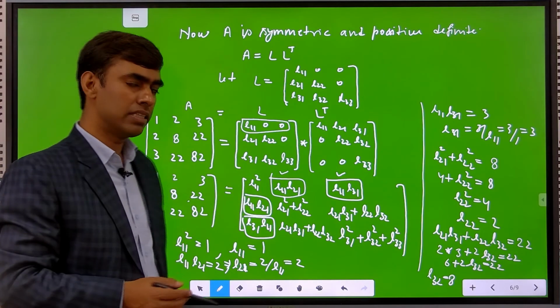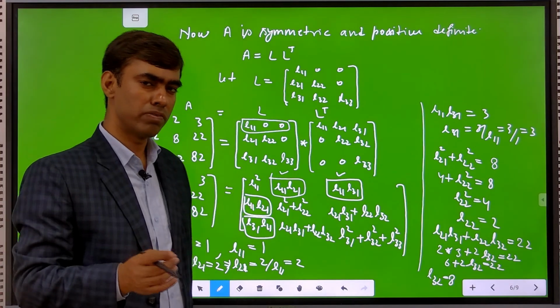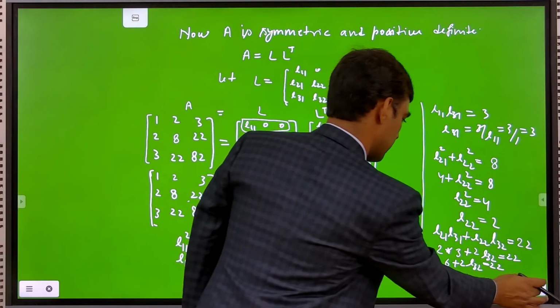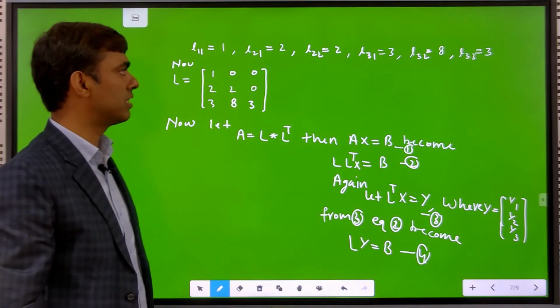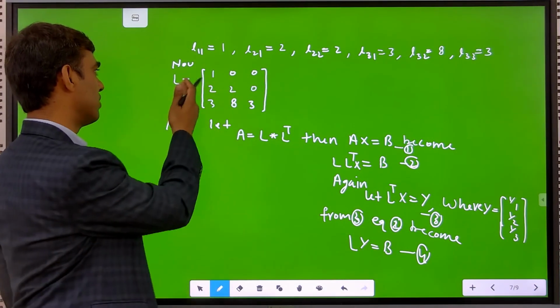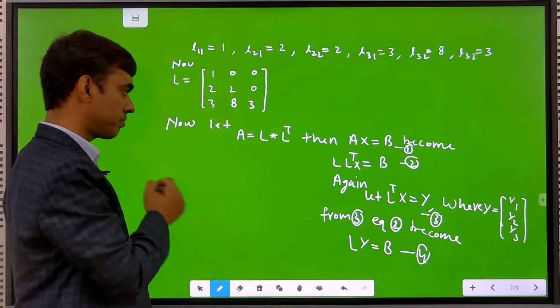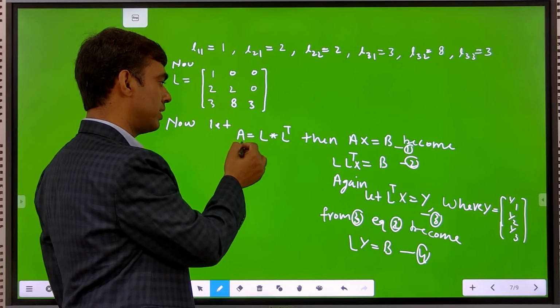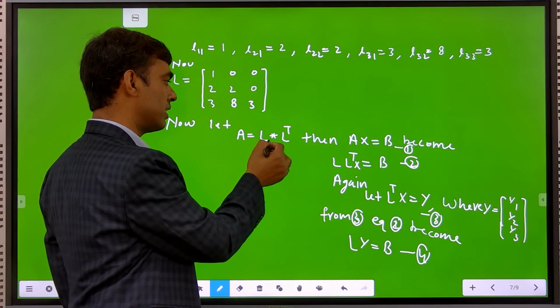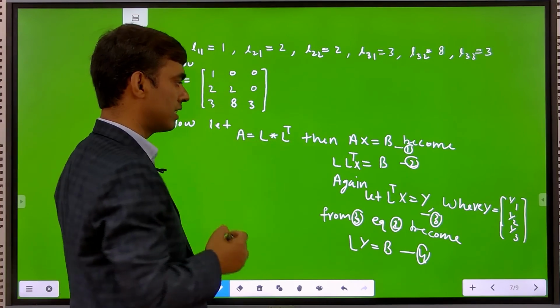Once we find all the unknowns of the lower triangular matrix, that is L11, L21, L22, L31, L32, L33, then as we know that if A is positive definite and symmetric, A can be decomposed as L into L transpose.